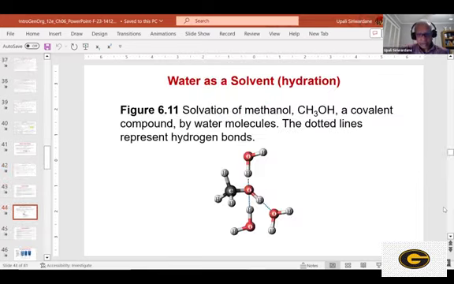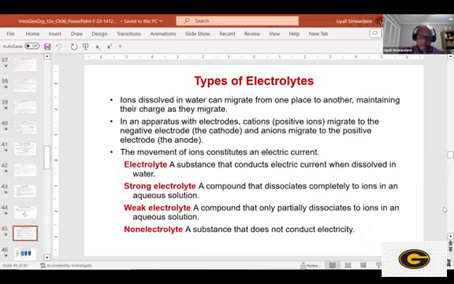We talked about electrolytes. When an ionic compound dissolves in water, if it completely dissolves, the ionic compound is a strong electrolyte. Weak electrolytes are solutions of ionic compounds which have few ions.